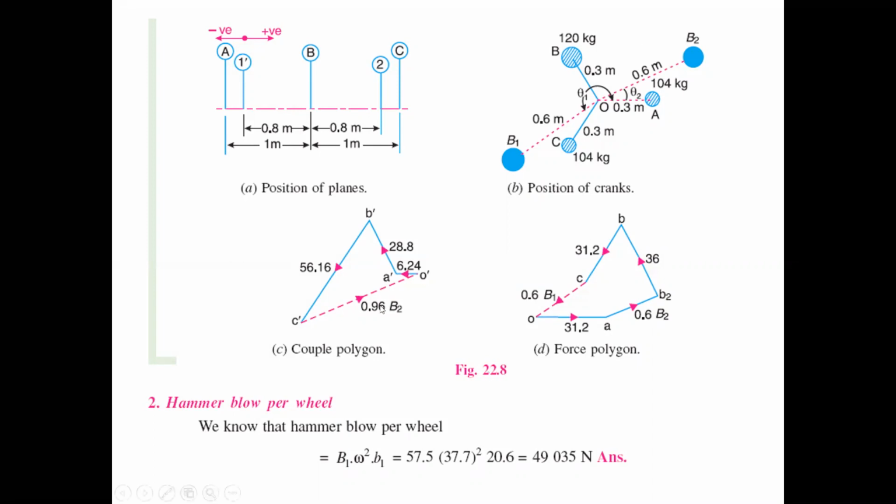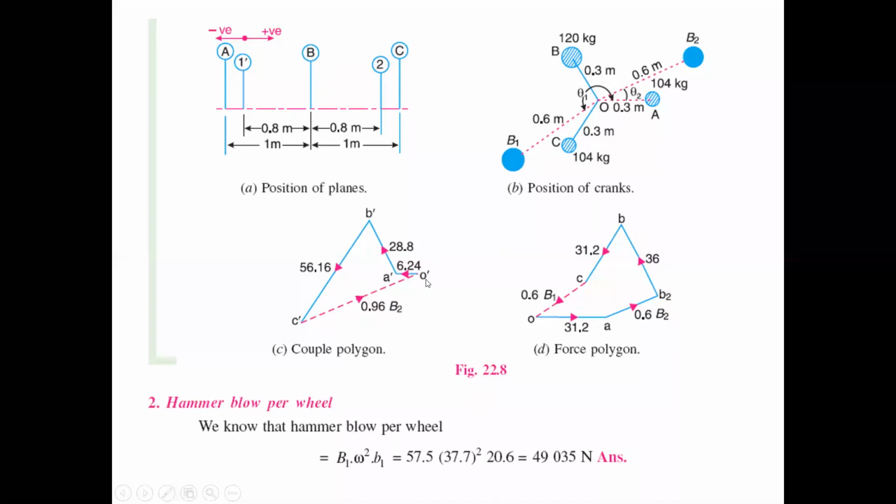Take one point, starting with O dash. The first couple value is minus 6.24, and its direction is 0, horizontal. So that is O dash to A dash.